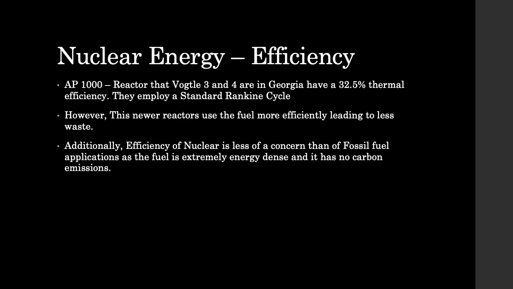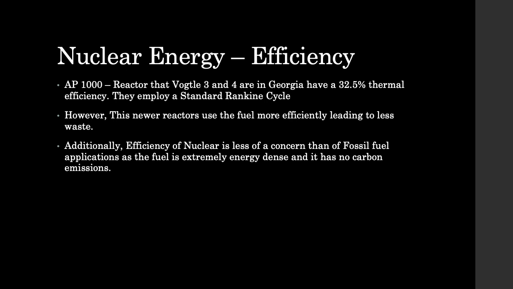The next criteria that we're going to evaluate for nuclear energy is efficiency. The AP1000 reactor, which is the Generation 3 Plus reactors that were just put online in Georgia in the US, have about a 32.5% thermal efficiency, and they employ a standard Rankine cycle. However, the newer reactors use fuel more efficiently, leading to less waste.